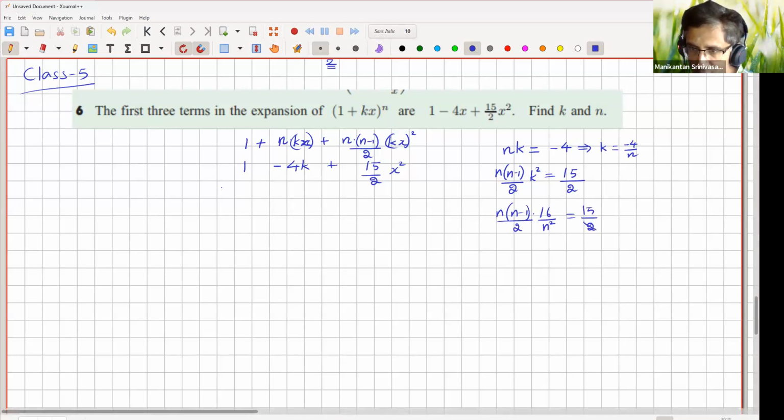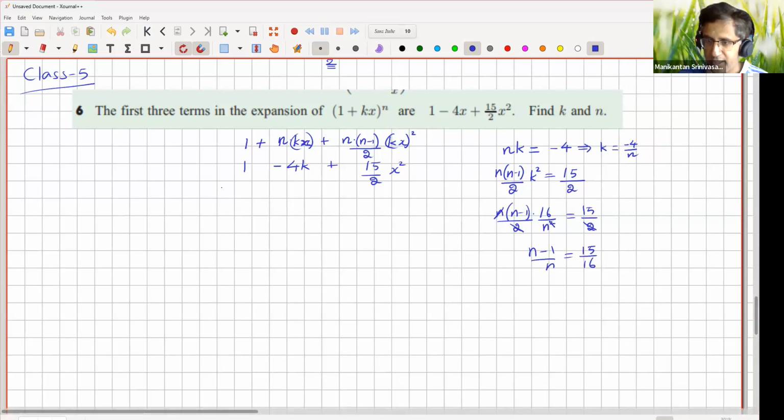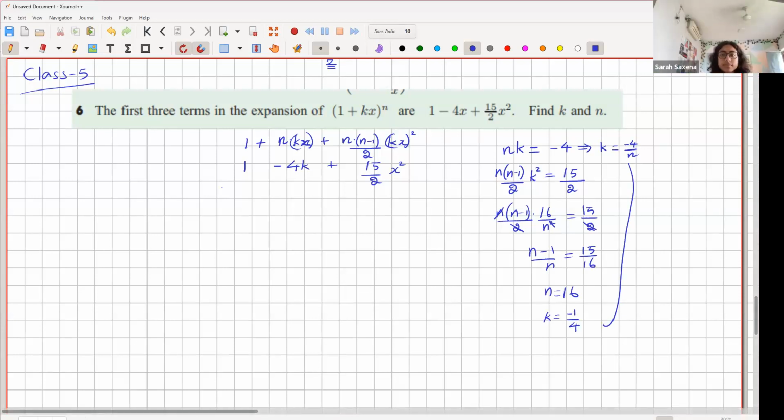If I'm doing some silly mistake, let me know. So n gets cancelled, and I have n minus 1 upon n equal to 15 by 16. From here, n equal to 16. Put that here, so k is minus 4 by 16, which is minus 1 by 4. Does it make sense? Yeah. Okay.